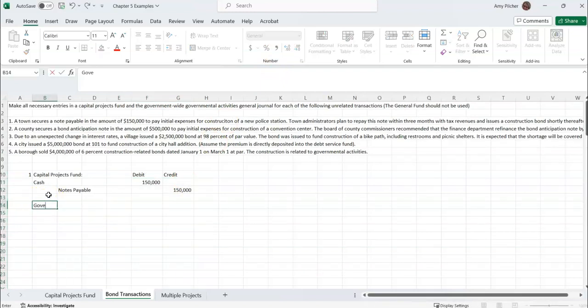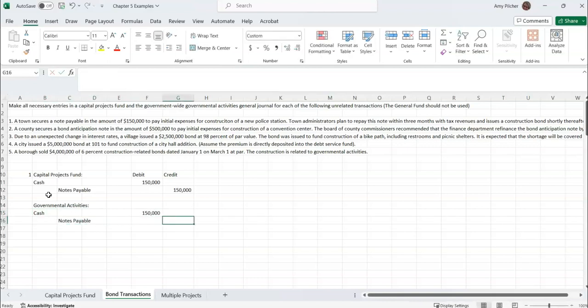And our governmental activities. Here we have cash and notes payable.